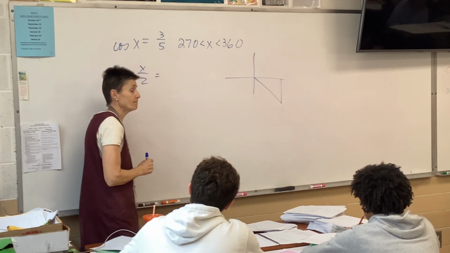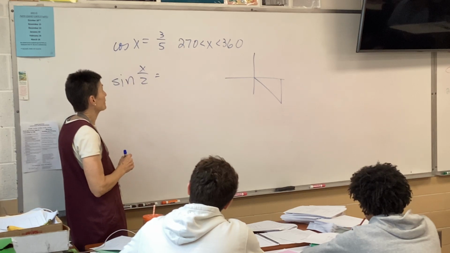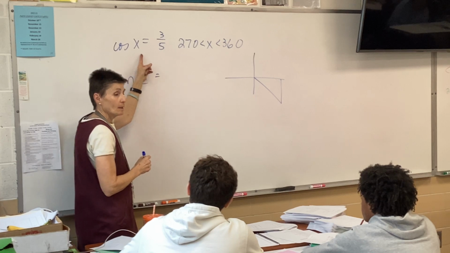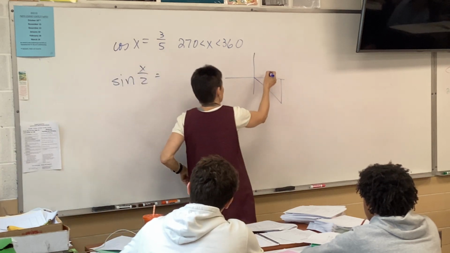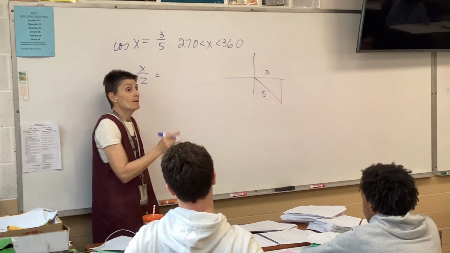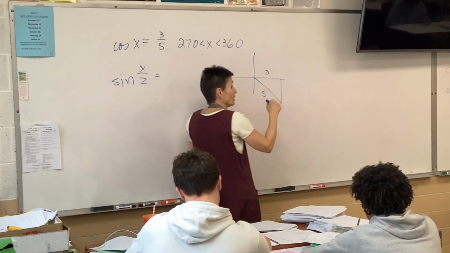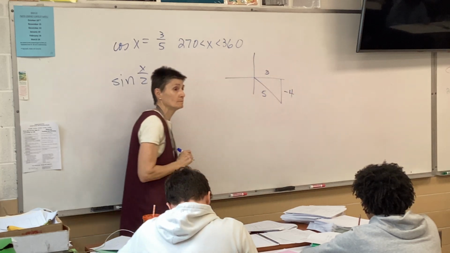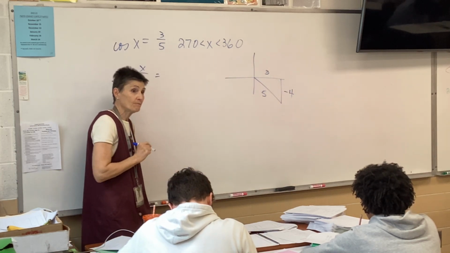Okay, good place to start. What does that tell me? Adjacent is 3 and hypotenuse is 5. The Pythagorean theorem would tell me the opposite is negative 4.